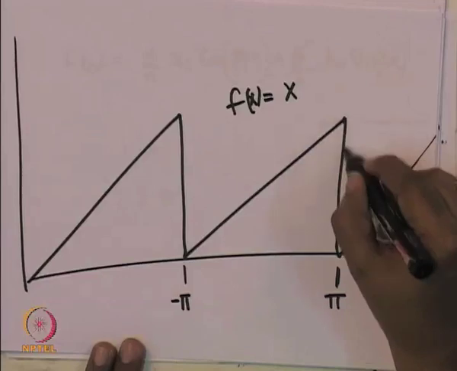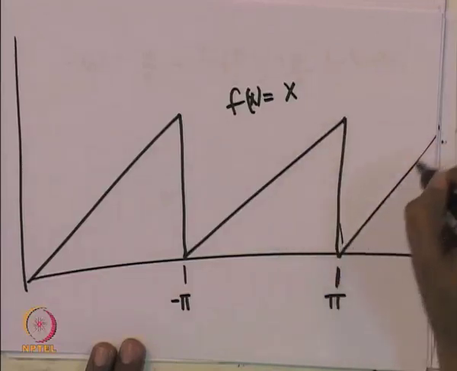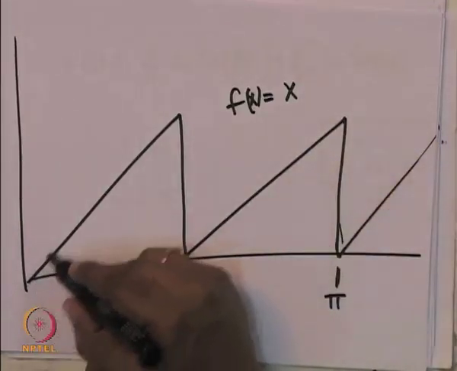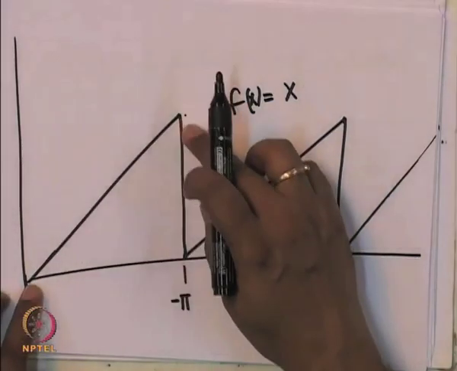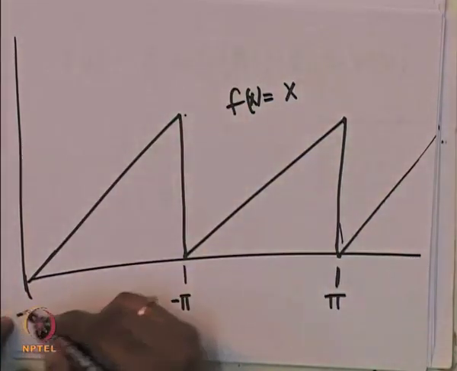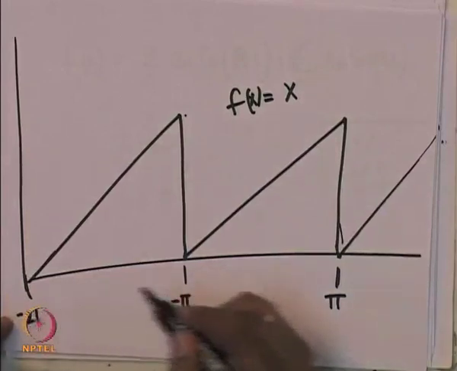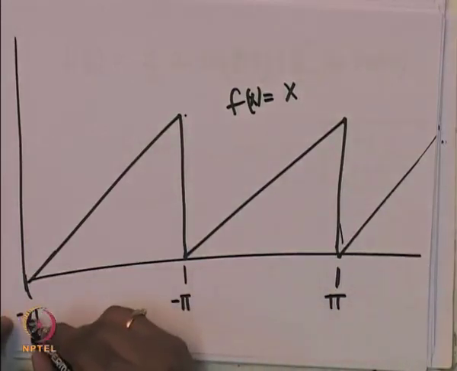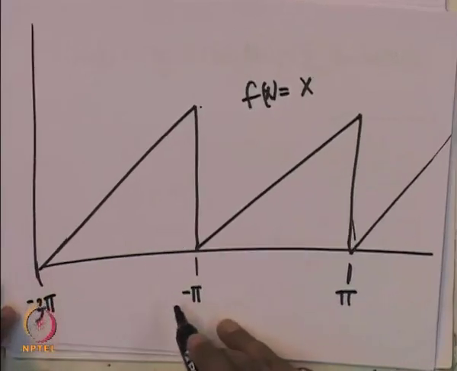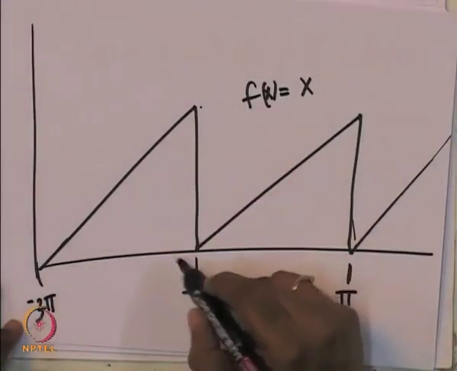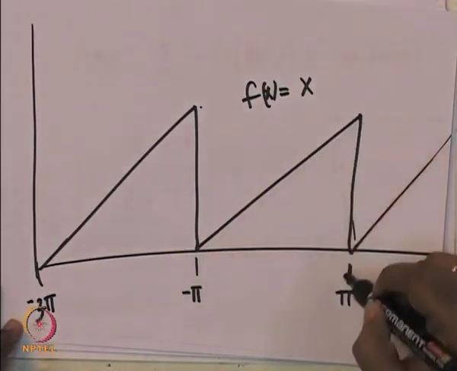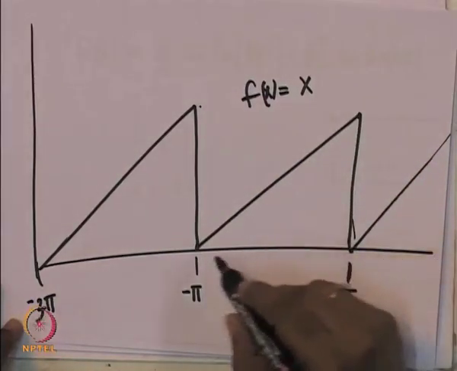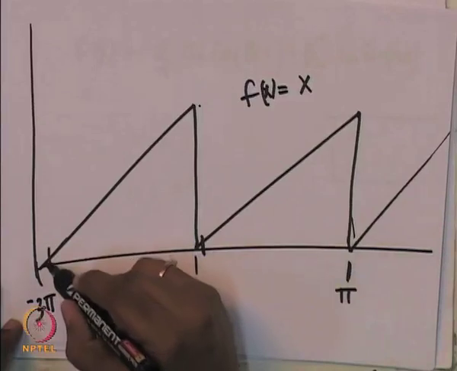Then after pi, it suddenly falls down again and just starts from here. So between these intervals of 2 pi, between minus 3 pi and minus pi, it is like a line. Again between minus pi and pi, it is like a line. But this point and this point are the same.